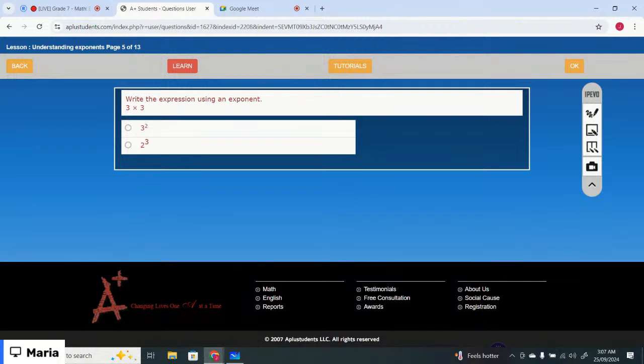So which is the correct option? You are multiplying 3 2 times. That is 3 exponent 2. Option number 1 is the correct option, right? That is 3 square because you are multiplying 3 2 times. So that is 3 times 3.